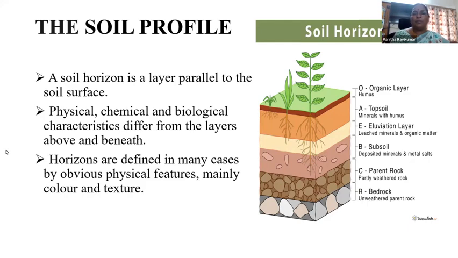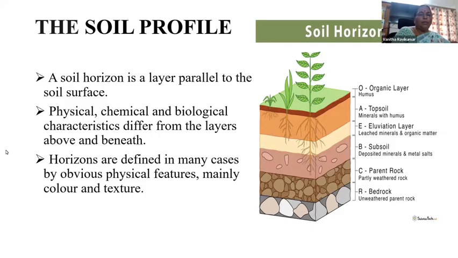The shallow rooted plants' roots grow only 15 to 30 centimeters deep. Deep rooted plants grow from 3 feet up to 3 meters, down to the parent rock or bedrock.